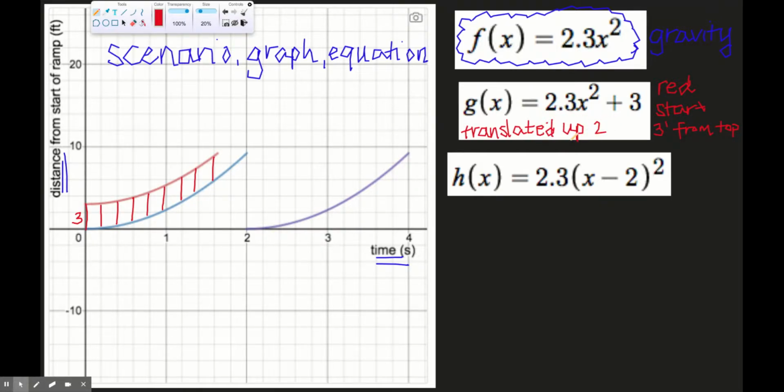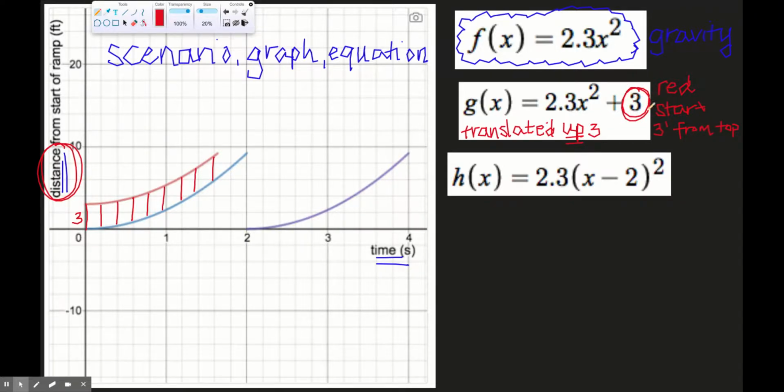Oh, I wrote 2 here, but I meant 3. Hopefully I've been saying 3 the rest of the time. Translated up 3.